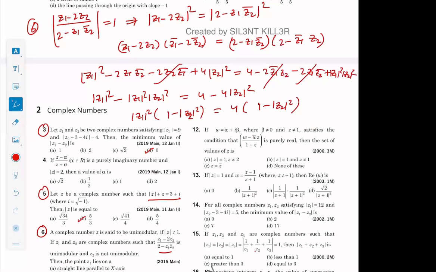And z2 is not unimodular, that is, the modulus of z2 is not 1, so you may cancel this. Take the square root, you will get mod z1 equal to 2.